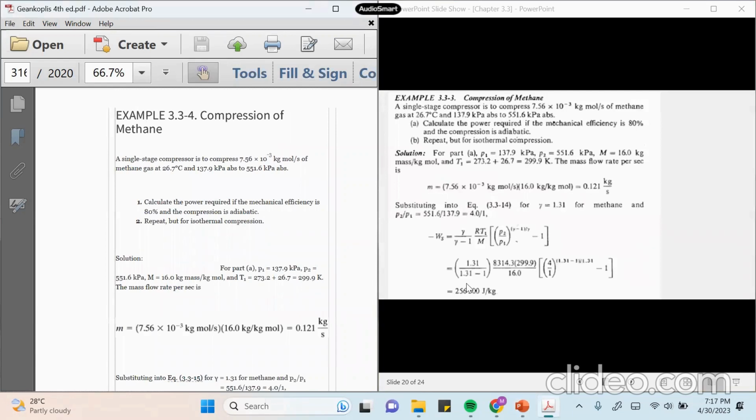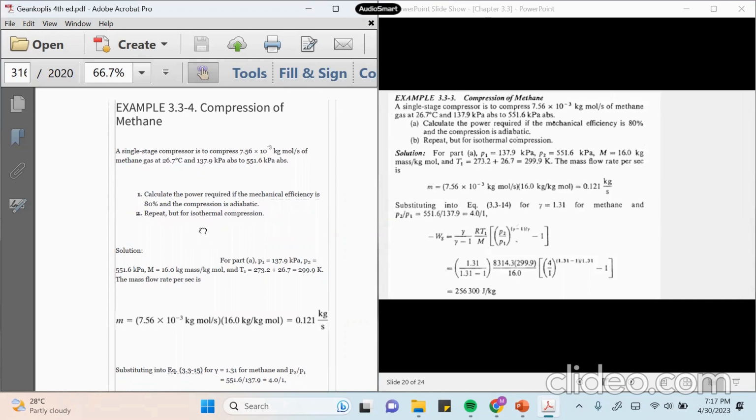Okay, so for this example, I think I used the third edition, but for the other equations, I use the fourth edition of Coplen's.